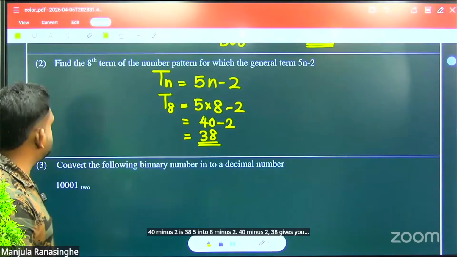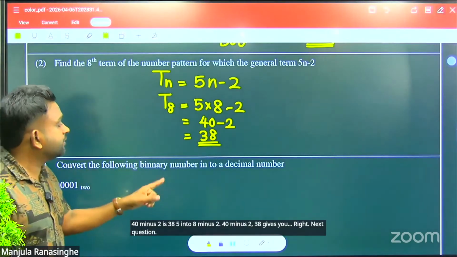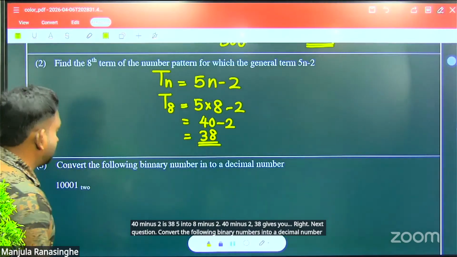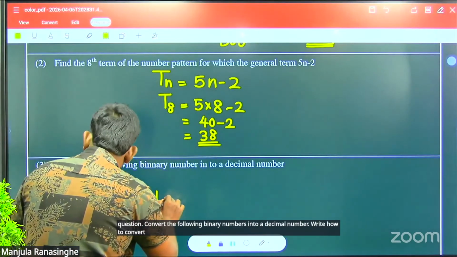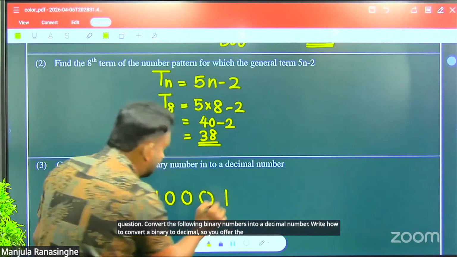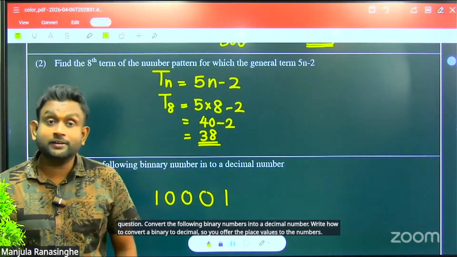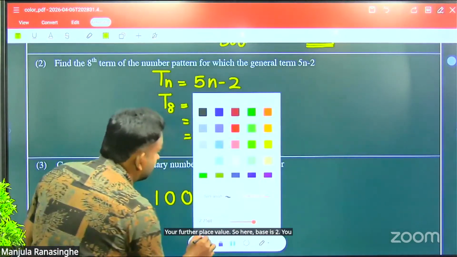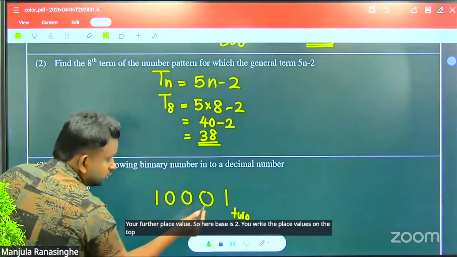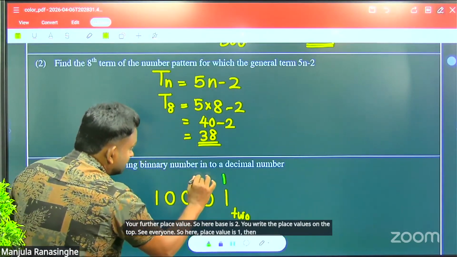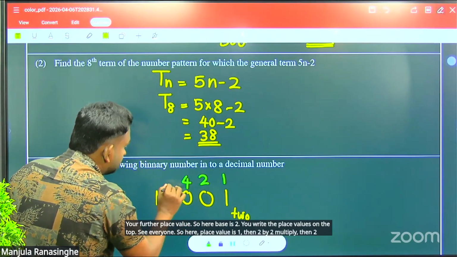Next question. Convert the following binary number into a decimal number. How to convert binary to decimal? You write the place values. Here the base is 2, so you write the place values on top: 1, then 2, 4, 8, 16. Where there is a 0, it doesn't give any value, so disregard it.